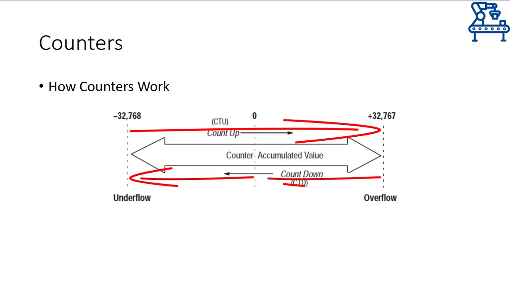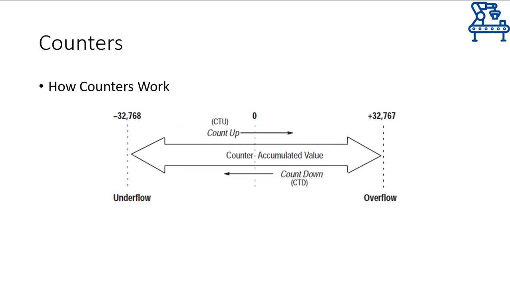After that, the counting will continue in the normal fashion. The only way to reset the accumulator content to 0 is through the reset instruction. Otherwise, the accumulator content will keep on incrementing or decrementing even if the preset value has been reached.